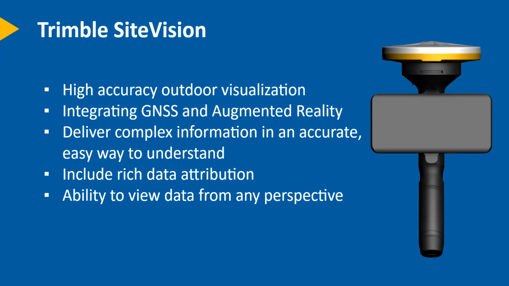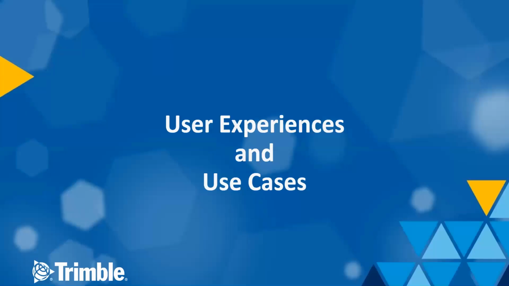Another thing that Sight Vision and augmented reality does for the user is allow them to move around in physical space and view data from any perspective, from inside, from on top, from underneath. All different perspectives are then available to the user. So when I reference Trimble Sight Vision or augmented reality, this is the product that I'd be talking about.